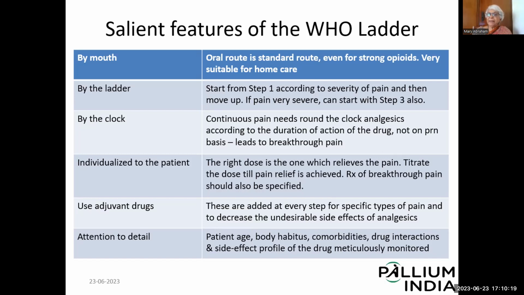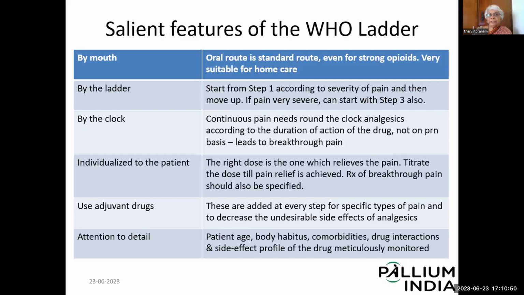It can be given by the caregiver at home, which is very suitable for home care, or by the visiting palliative care nurse, or the patient, if intelligent and well-oriented, can take it themselves. This is a big advantage. You don't have to go to hospital to take any of the drugs, and it doesn't have to be given by the parenteral route.